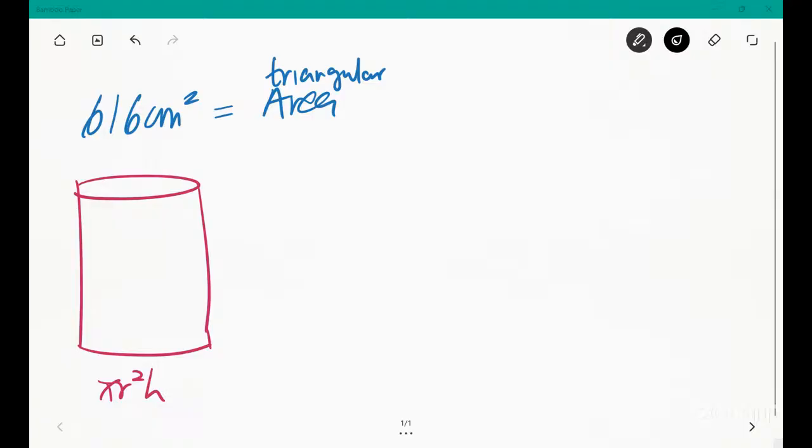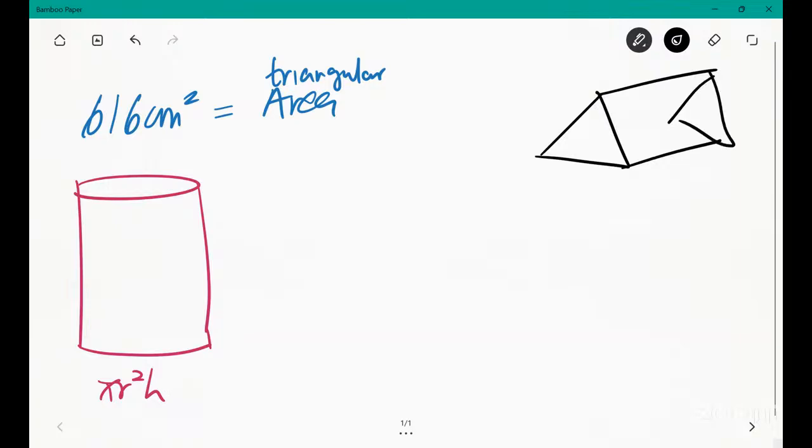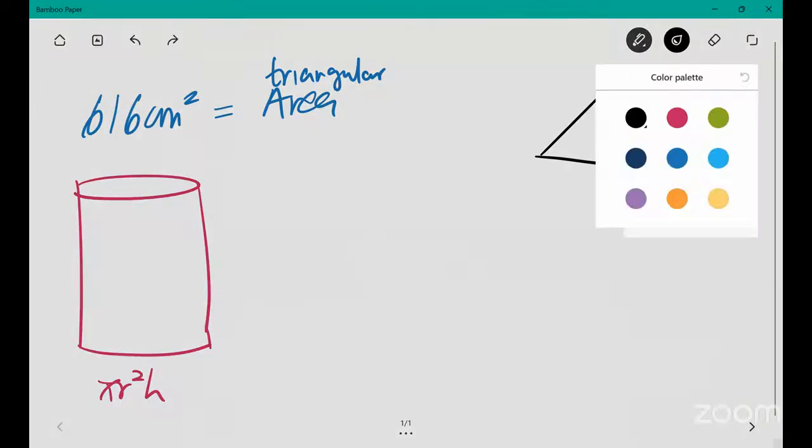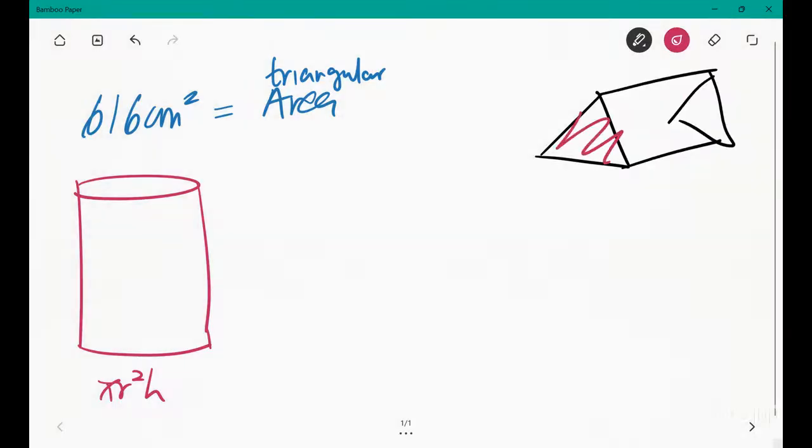So what's the triangular area? It's this. They are telling you the triangular area is 616, and the prism and cylinder have the same height. So that's what they're saying, and they're asking you to find the radius of the cylinder.